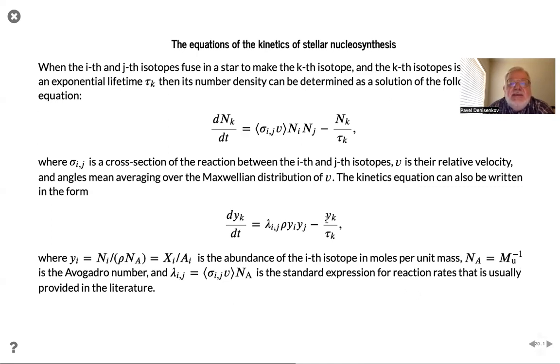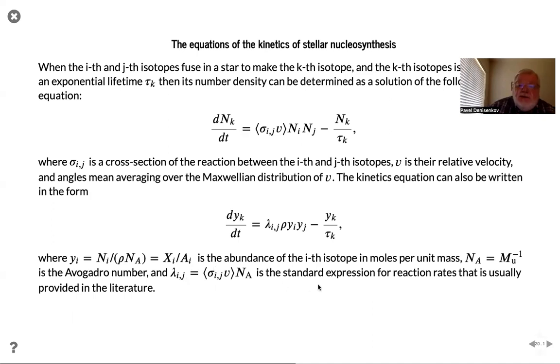Okay, and in this form, lambda sub i,j is the product of the Maxwellian average cross section of the corresponding reaction multiplied by Avogadro's number.